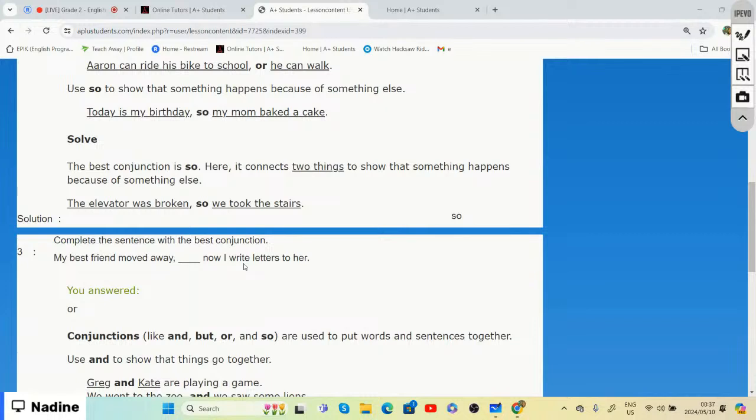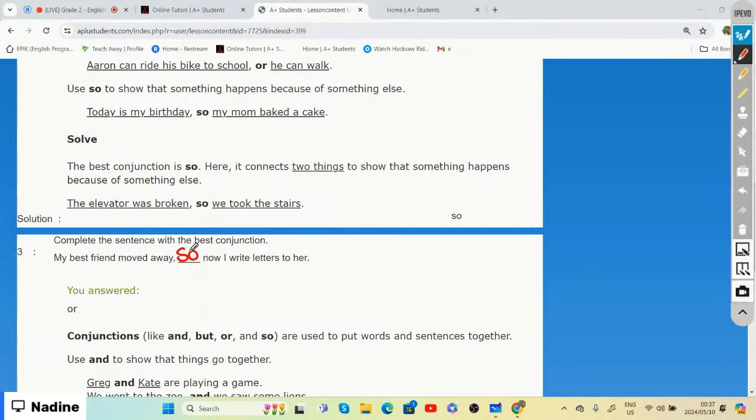My best friend moved away, so we can say so. Now I write letters to her, right? Here it says we use so to show that something happens because of something else, right?